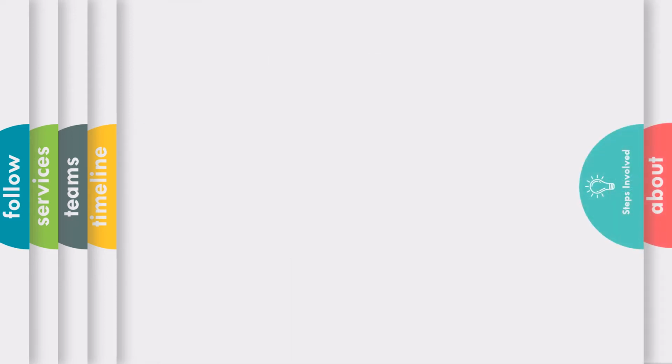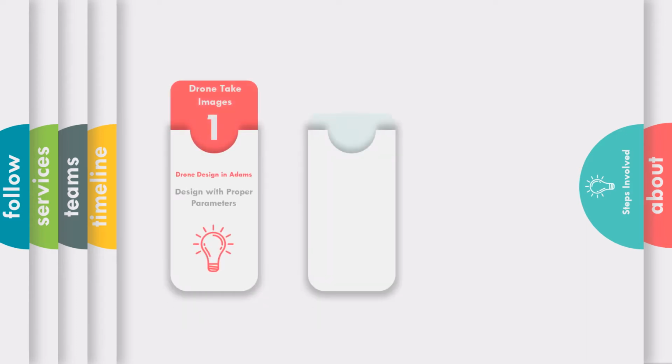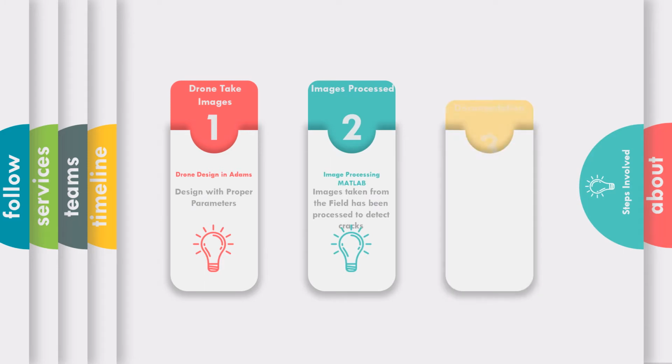If I could explain our project in simple words, it could be composed of the following three steps. In the first step, we will design our drone in MSC Adams with proper parameters. These drones will be hovered over a line over the roads or railway lines. They will take images with the help of the camera attached to them, and these images will then be sent to a computer.